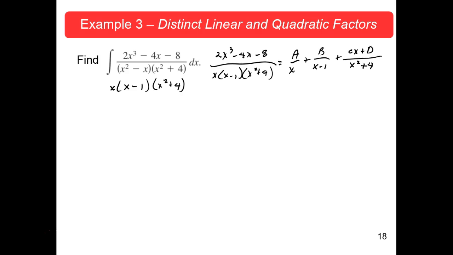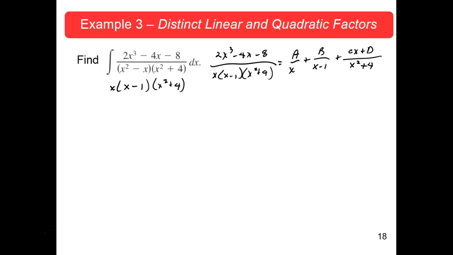We only have one, so we just stop at the first one. And ours happen to be in letters of the alphabet, cx plus d. If you had done the first one to be A and the next to be B1, then this would have been B2 x plus C2 or whatever you wanted to call it. I just find it easier to keep going on letters of the alphabet rather than messing with subscripts, which might mess me up later.